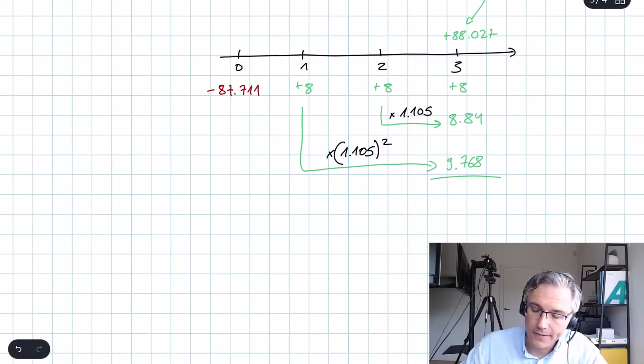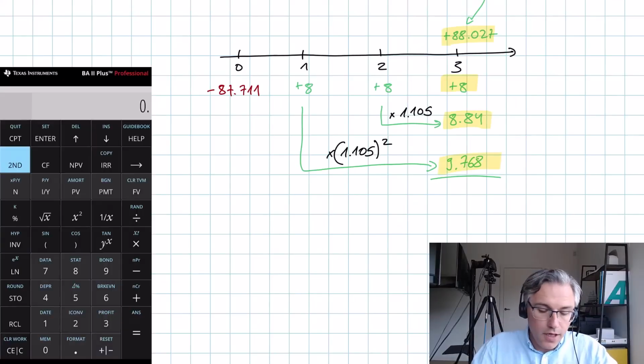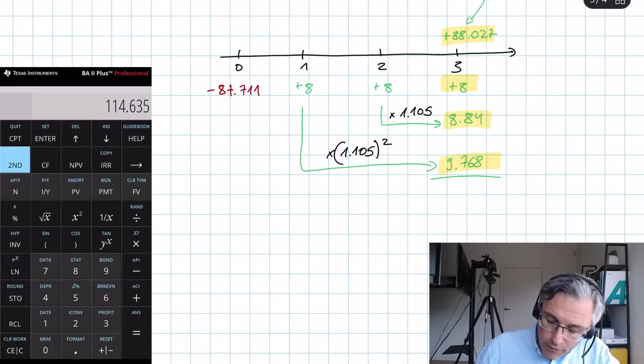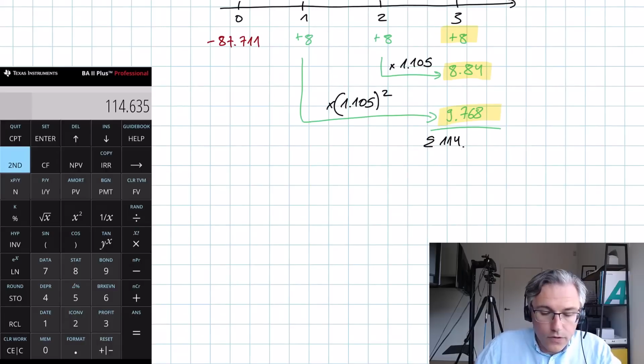Let's get the totals in. This, and this. So let's start with the top one, 88.027 plus 8 plus 8.84 plus 9.768. That gives a grand total of 114.635.